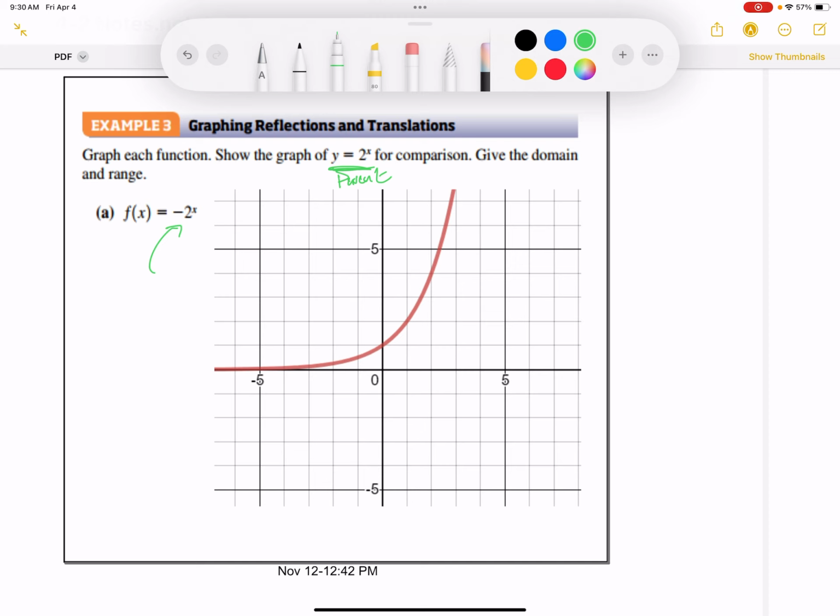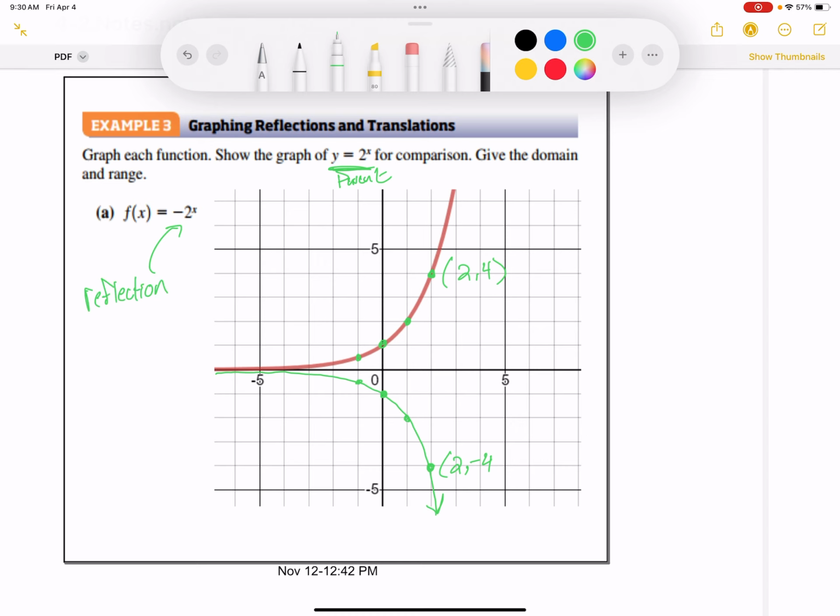So if my y values become negative, well, this point right here, that would be 2, 4, becomes this point right here, 2, -4. And this point right here would be right there, and this point right here would be right there, and if you did that enough times, hopefully you'd say, this is a reflection.